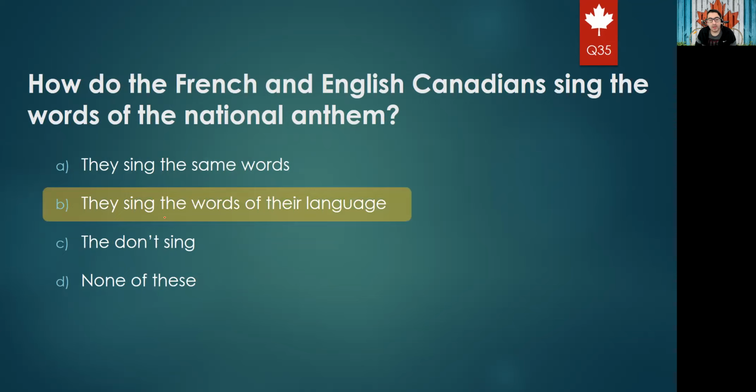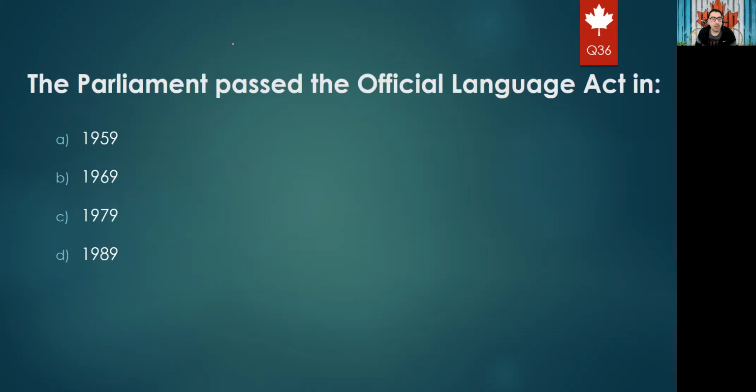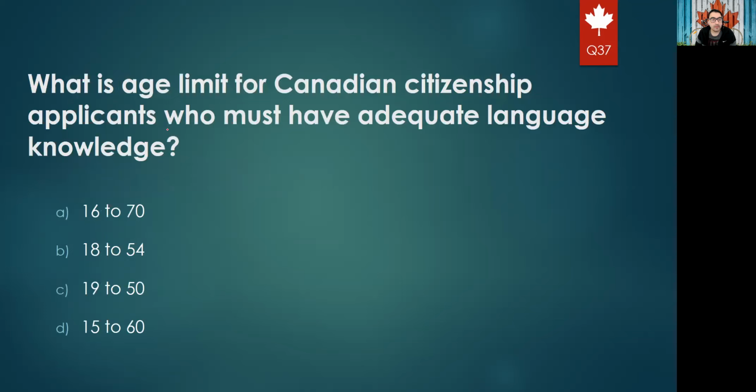Yeah, the right answer is everyone sings the words of their language, both for the national and the royal anthem for sure. The Parliament passed the Official Languages Act in 1959, 1969, 1979, or 1989. Yes, the right answer is 1969. What is the age limit for Canadian citizenship applicants who must have adequate language knowledge?